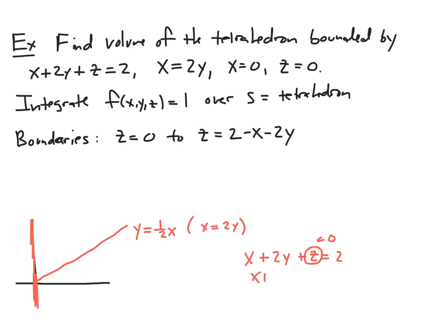So we simply get x plus 2y equals 2. And notice that this is, in the xy plane, a line. In fact, it's going to be y equals negative 1/2 x plus 1. And so we know that has a y-intercept of 1. So up here is a 1. And it has a slope of negative 1/2. So it looks something like this.